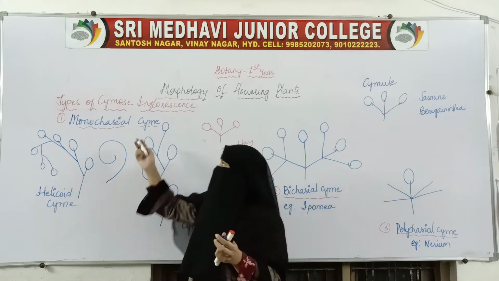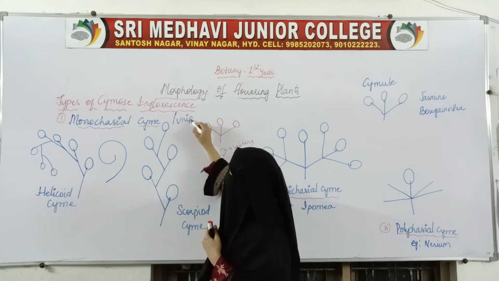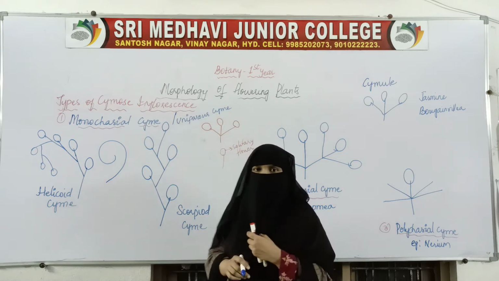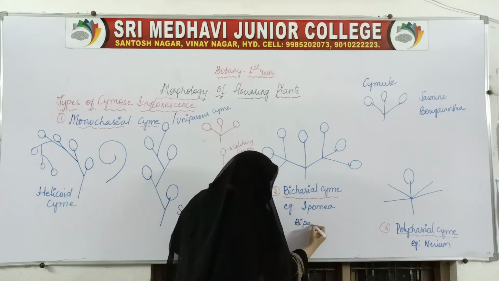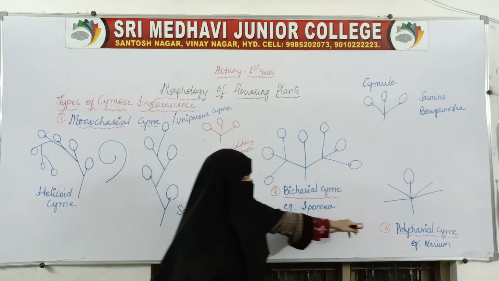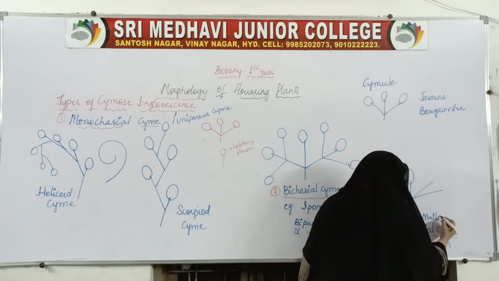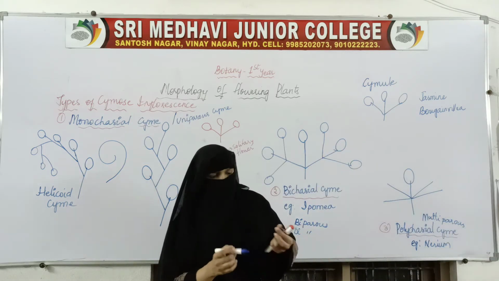This monochasial cyme is also called uniparous cyme. Dichasial is also called biparous or diparous, and polychasial is also called multiparous.